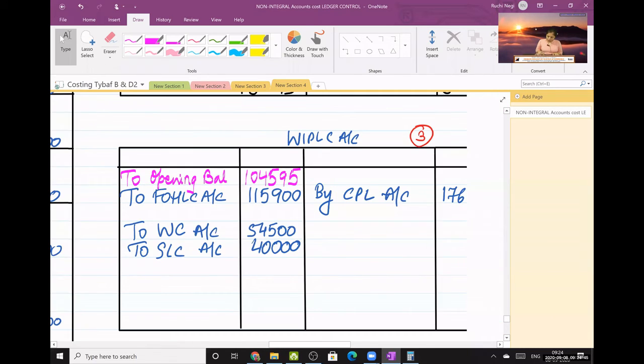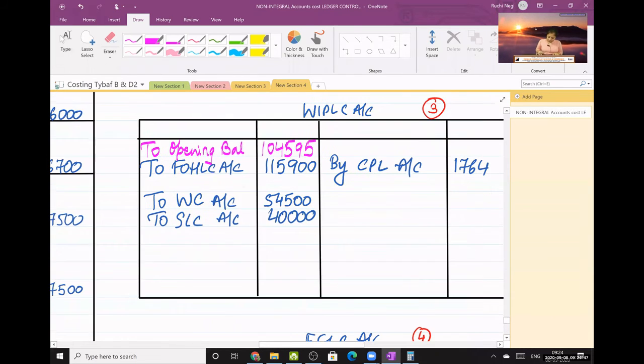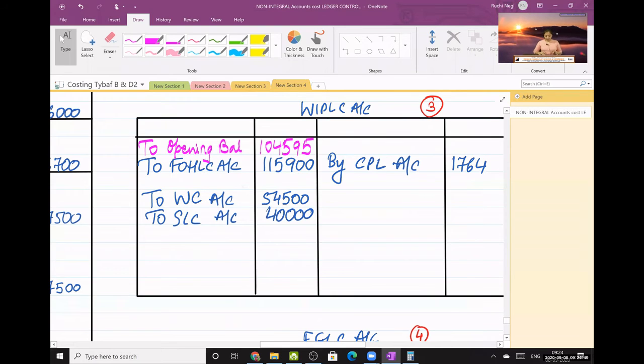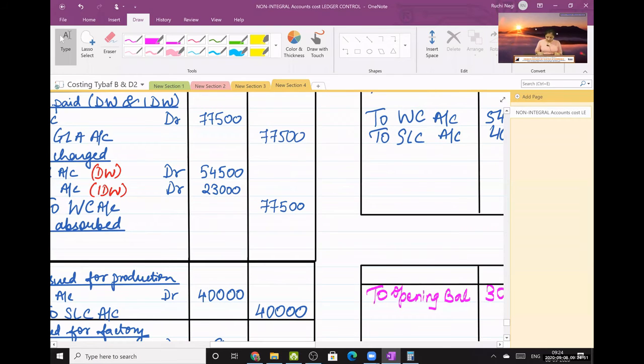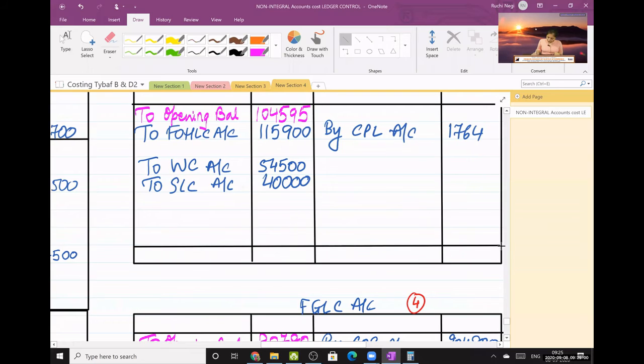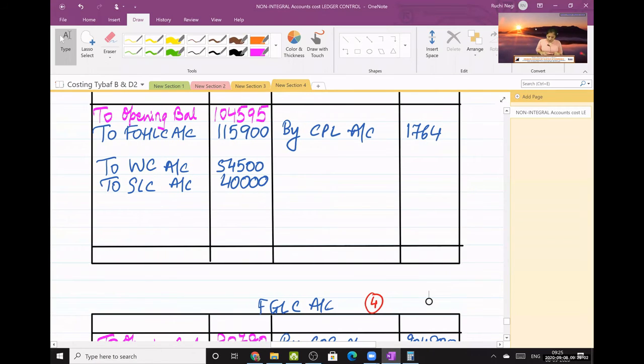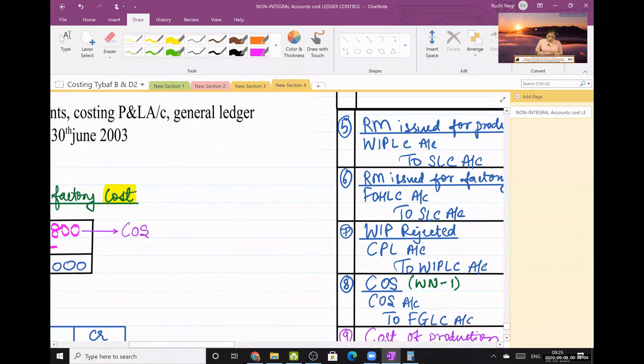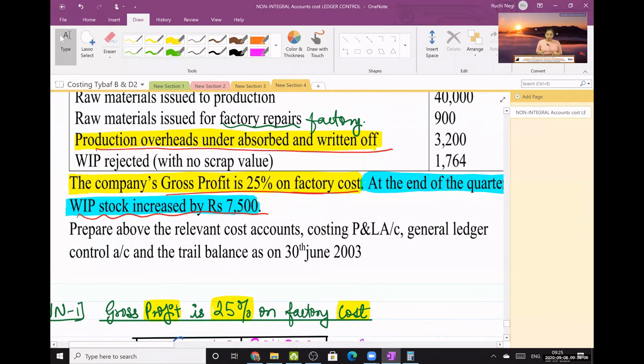Here's WIP. But before WIP, I have to consider this one. I'll tell you what. Just a moment. Yeah, this one. WIP stock increase.